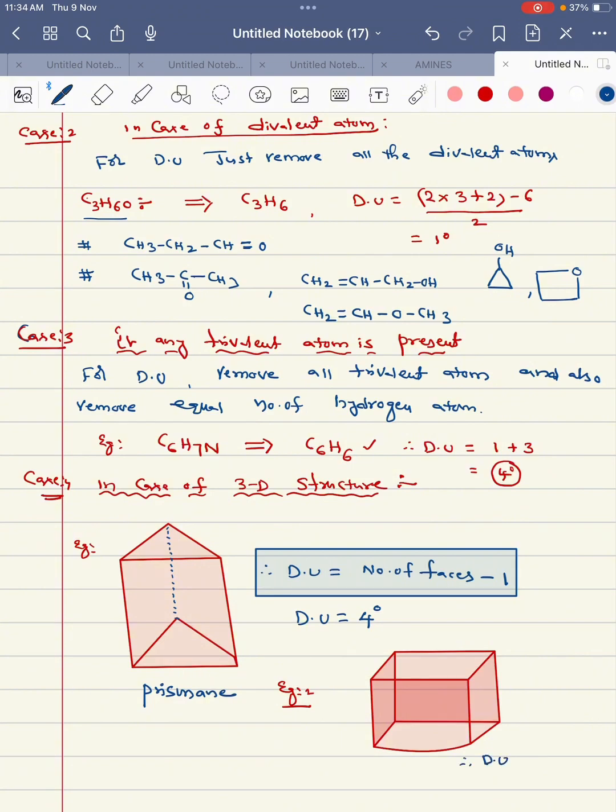Here also number of faces minus 1. Therefore, DU is equal to number of faces, which is 6, minus 1. So DU is equal to 5. So in case of 3D structures, this is the formula. This is called prismane. This is called cubane.